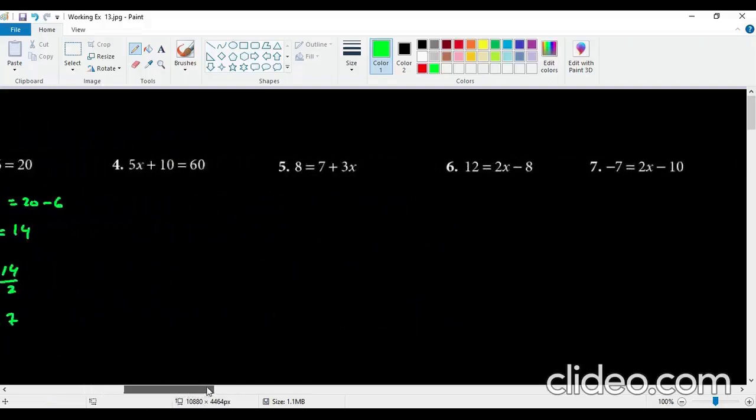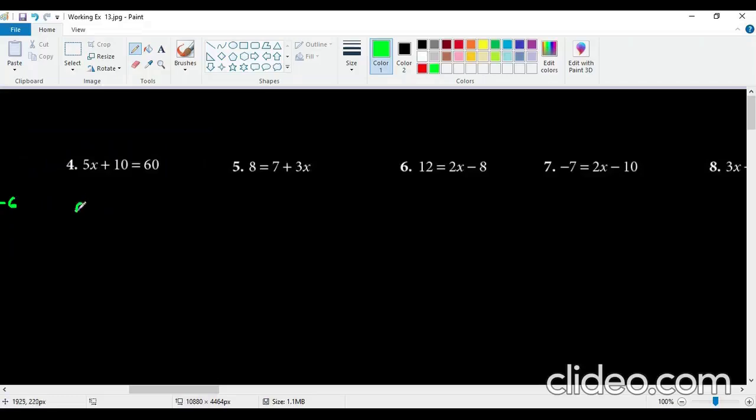Next question, number 4, it says 5x equals 60, and plus 10 will go to the other side and becomes a negative 10. So I'll write this way, and 5x equals 50. Then 60 minus 10 is going to give us 50, and 5 is multiplying on this side, other side it will go and divide. That will make us x equals 10.